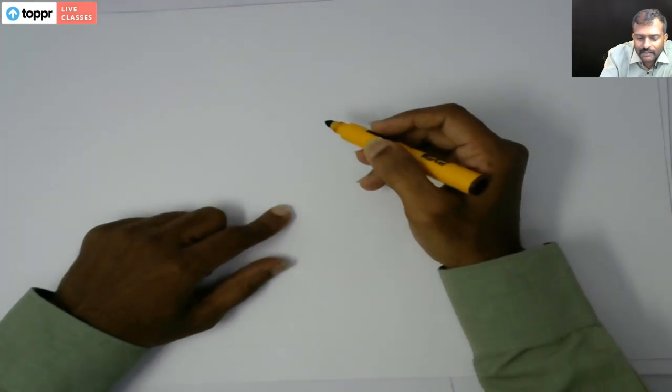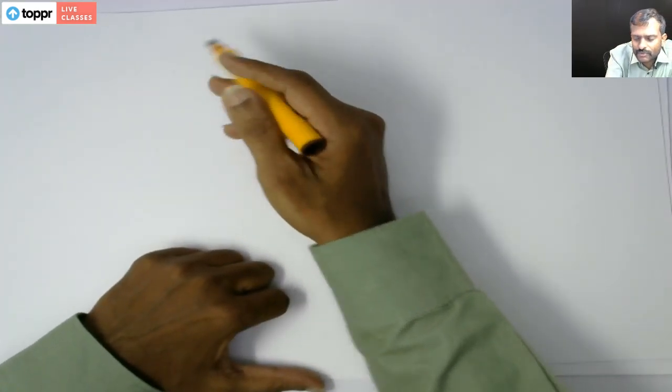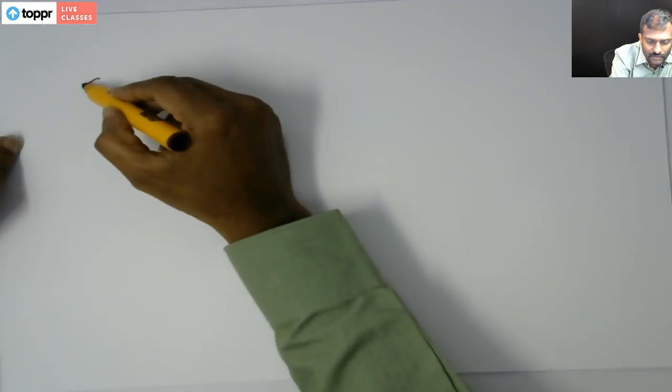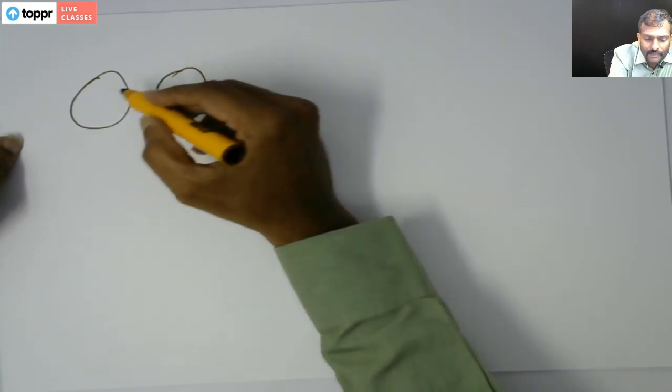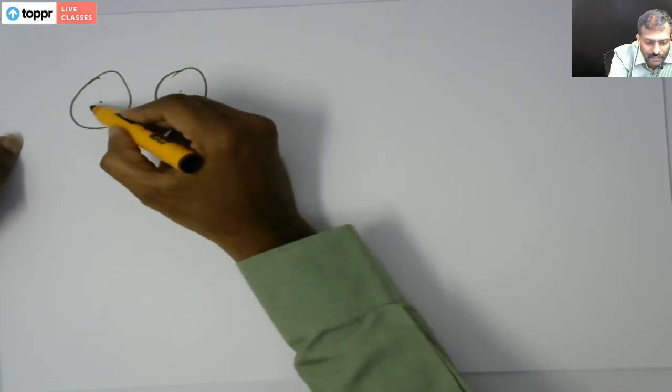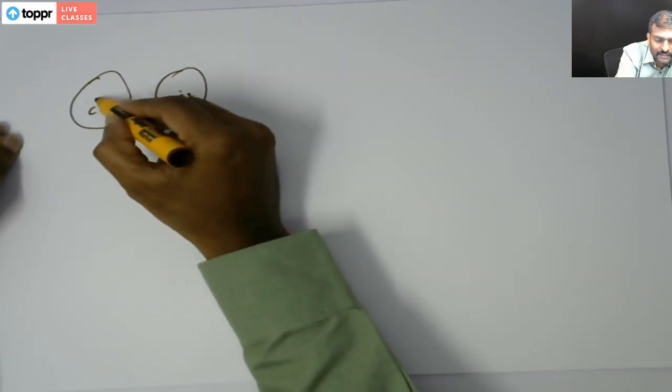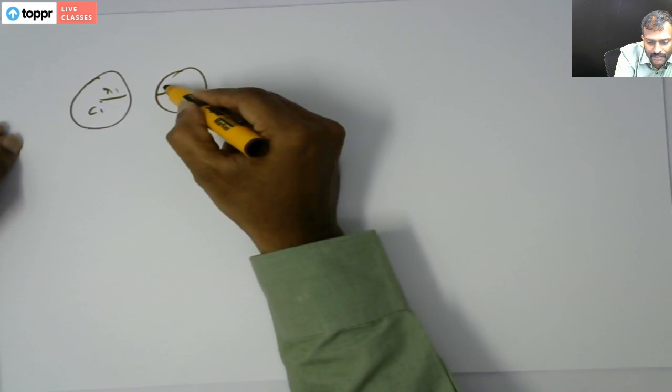Then for two circles, what are the possible conditions? Two circles can be away from each other, not even touching. The center is C1 and the center is C2, and say this radius is R1 and this radius is R2.